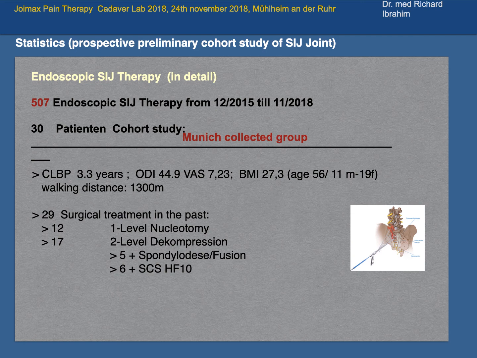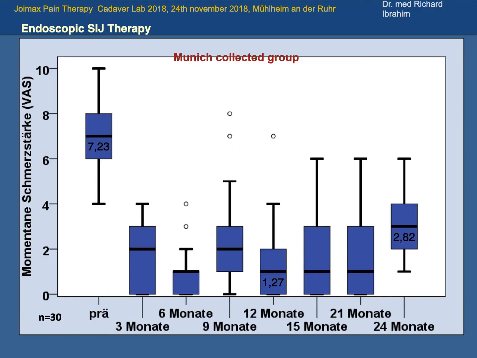You see we have only one patient, from the 30 cases, with a virgin back, so no surgical part. The other 29 had a nucleotomy, a decompression, a fusion of the lumbar spine, and 6 of them also had spinal cord stimulation by high frequency. So these were the results for 2 years. We start from a pain score of 7.23 at the beginning.